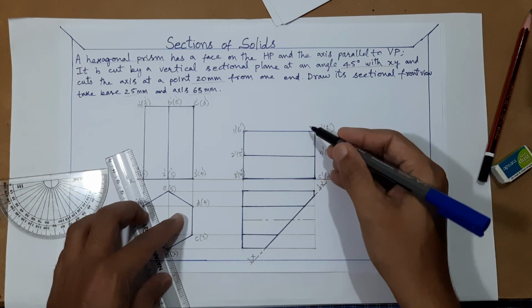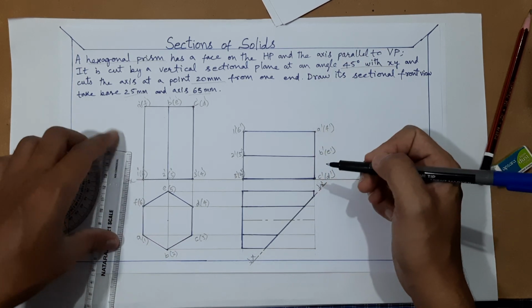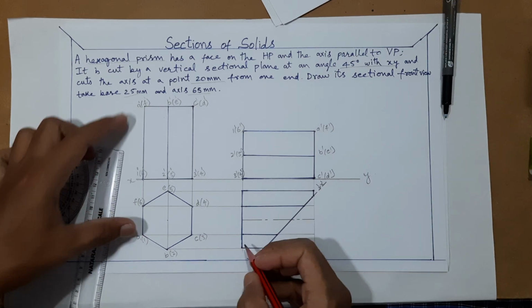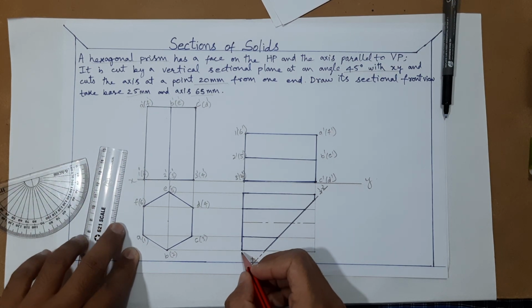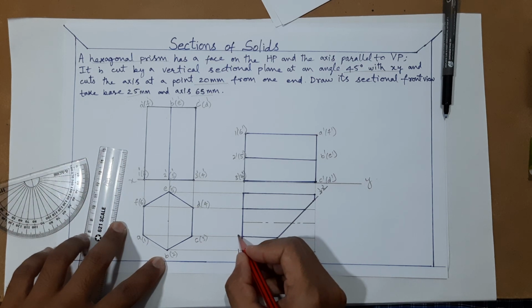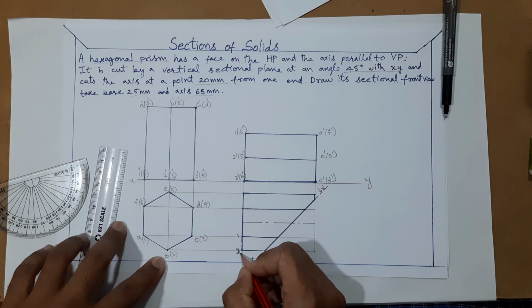Now these points you have to transfer over here in this front view. So how will you do that? First we will mark these points also. This is your one, sorry, here is the first point, right? One, and this is point number two.